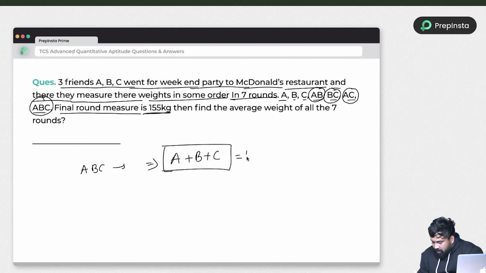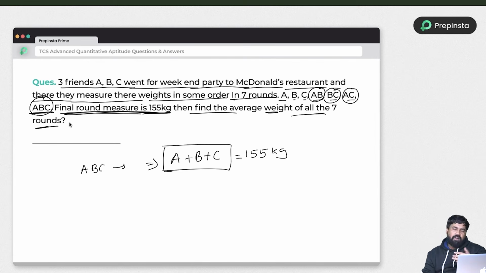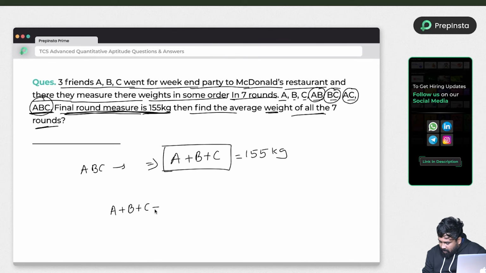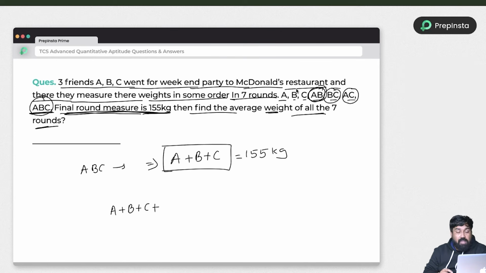So A plus B plus C is 155 kgs in the final round. Now find the average of the weight of all the 7 rounds. What is the average? It is nothing but the sum of all the elements divided by the number of elements. So the sum of all the weights is A plus B plus C plus, what is meant by AB?